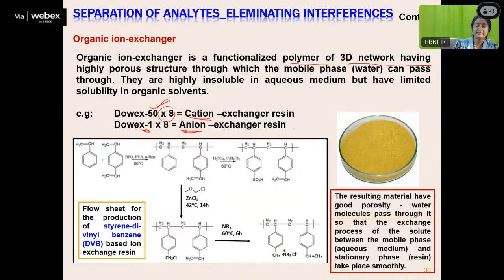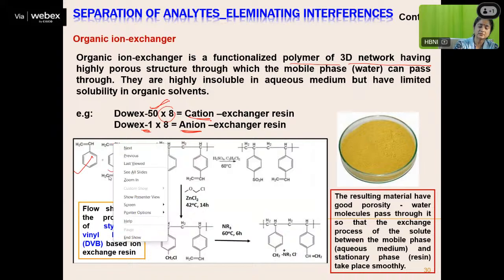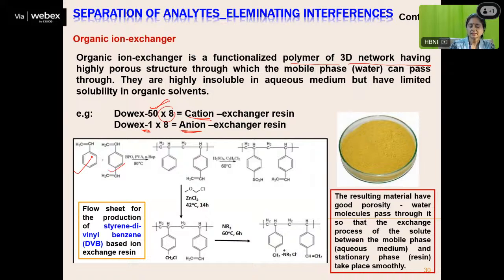So you can see the DOWEX 50 and DOWEX 1. It is a styrene divinylbenzene network. So this is the flow sheet of its base material preparation, where styrene is there, and this is divinylbenzene. This one vinyl, second vinyl, so divinylbenzene is there. So this is the network, how it is formed.